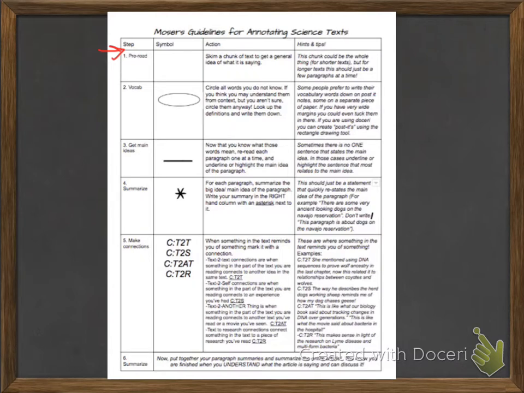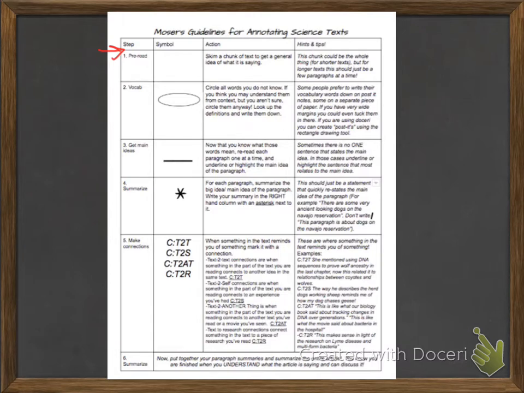Then you're going to reread yet again, looking for connections, things that strike you. Either the text says this here, and that's an awful lot like what they're saying here, or there's a text-to-self connection. We don't have a lot of those in science, but it might be something that it reminds you of from real life.